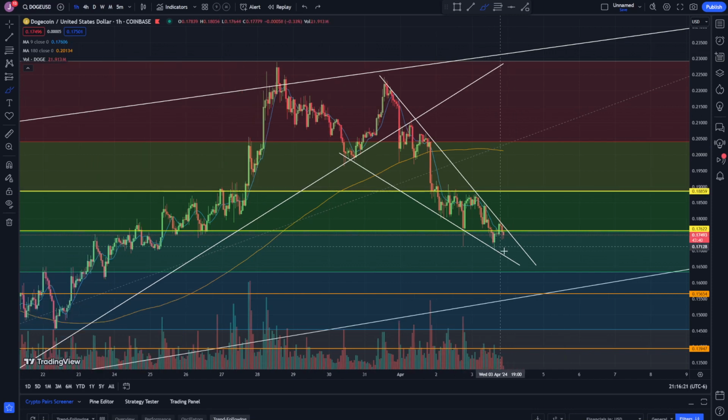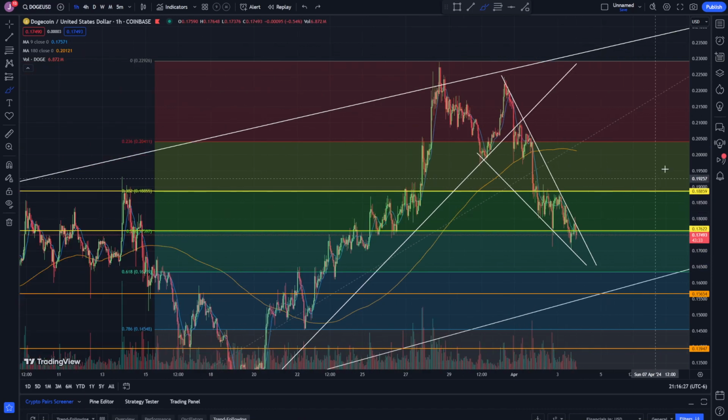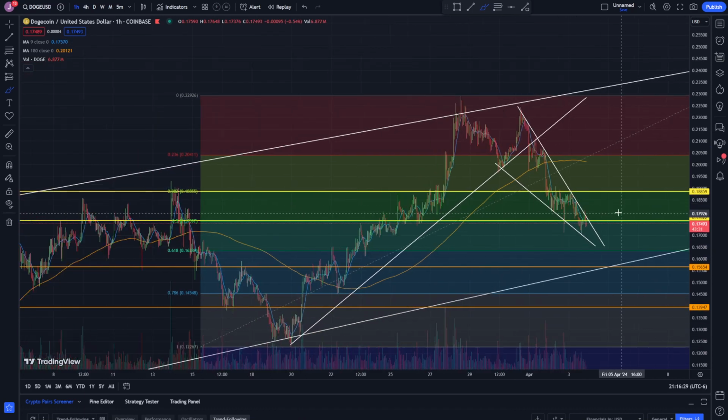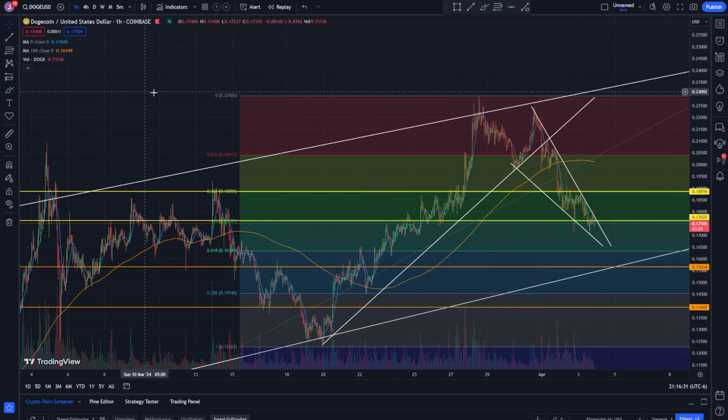But it's possible that we break to the downside still as well. We're not guaranteed to break to the upside. So let's go ahead and take a look at some of the levels that we might look at if we drop to the downside.